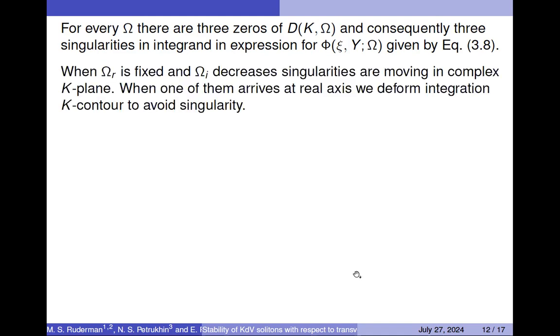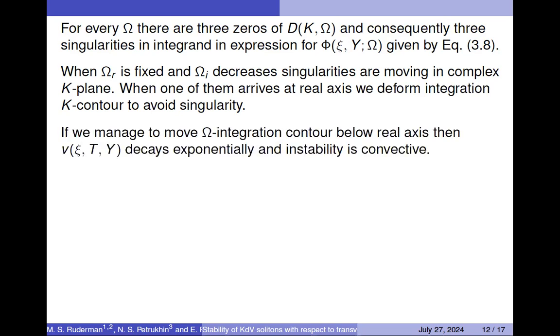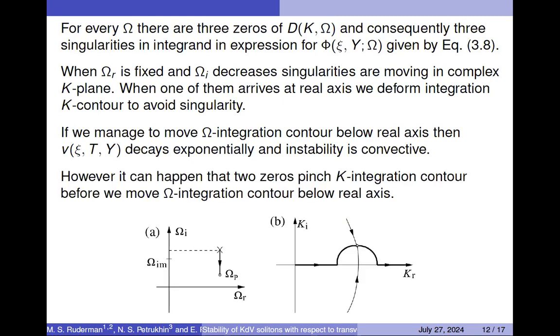We can do it every time unless there are two roots which arrive from different sides of our contour and merge at one point, and as a result they pinch our contour. It is shown here. So one root comes from here, the second root comes from here. They pinch our contour and we can't move our contour further.